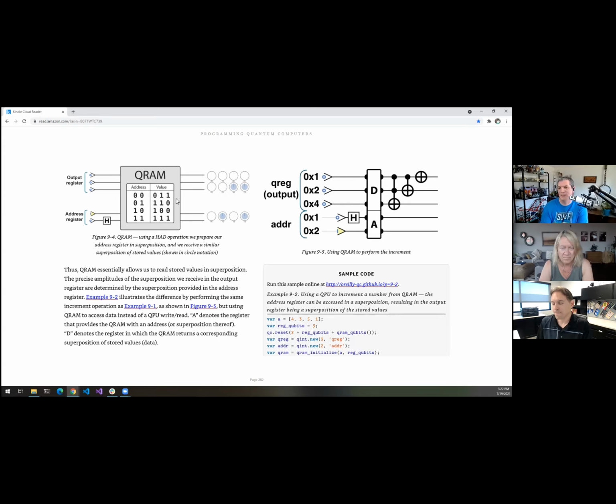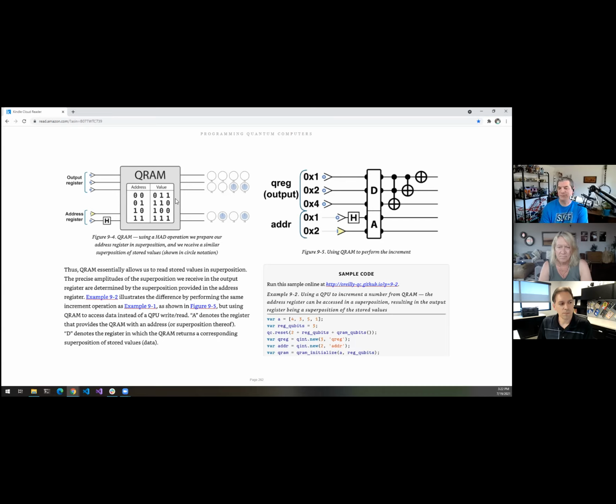Well, for this particular example, 9.2, it does not use superposition for what's in QRAM, but I think based on the 9.3 example, the next example actually shows a separate qubit for each of the values.